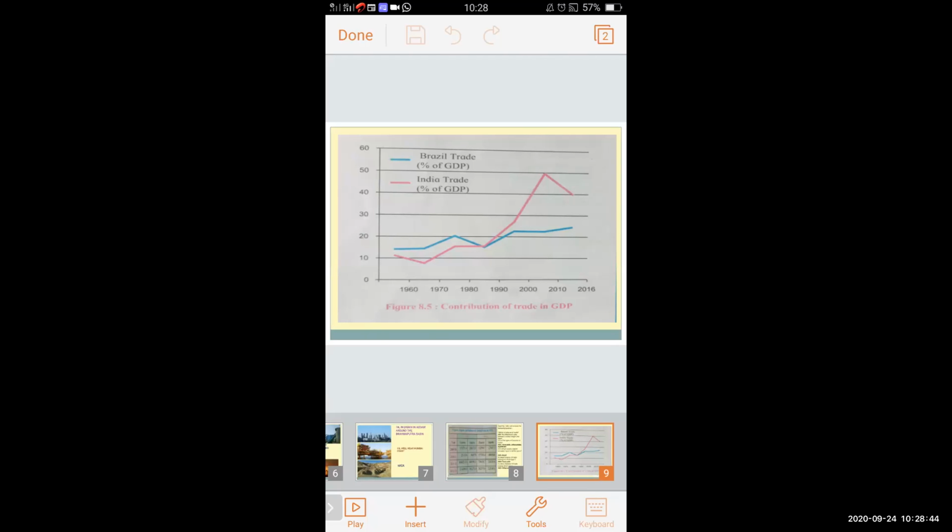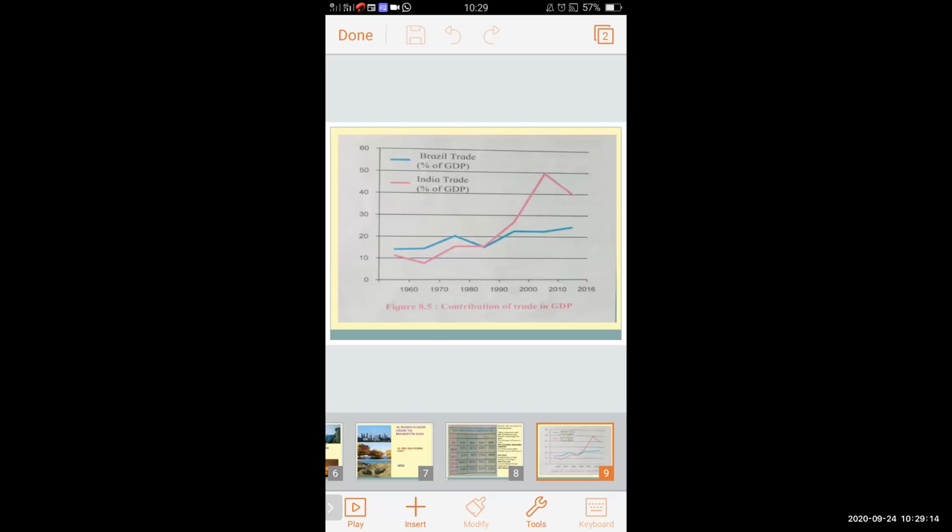In 2016 also the same condition, but the difference from 2010 is that India's contribution of trade in GDP came down to near about 40%. We can see it is on the 40% line. Means near about in 2010 it increased up to 50% and in 2016 it came to 40%.